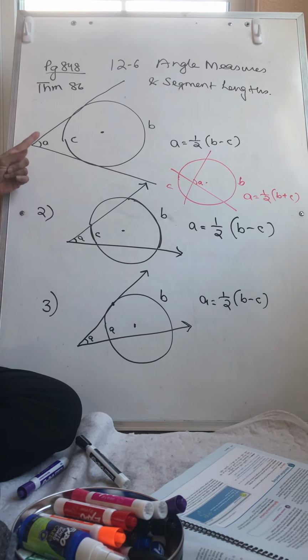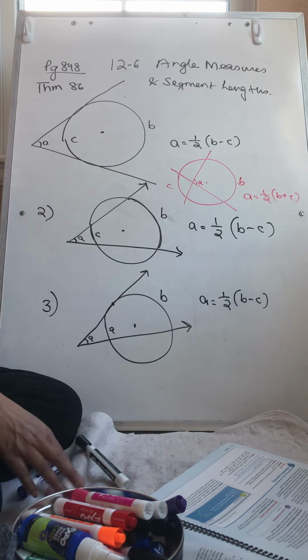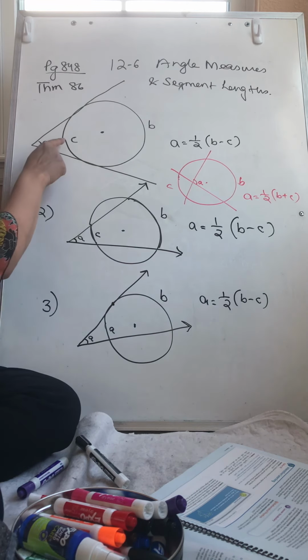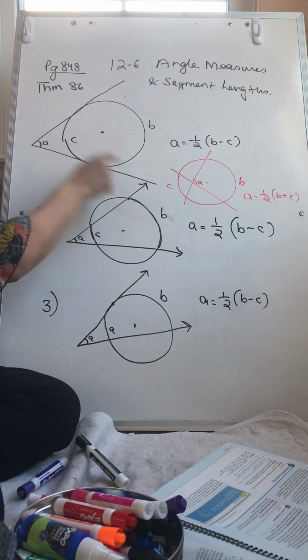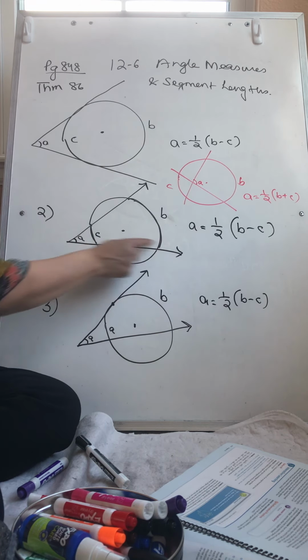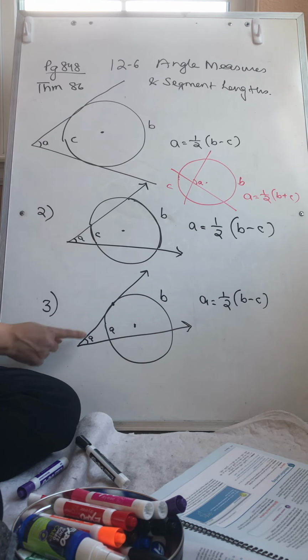When those two lines intersect outside, these are the 3 cases that can happen. Either both the lines are tangents to the circle, or both the lines are secants to the circle, or one of the lines is a tangent and one is a secant.